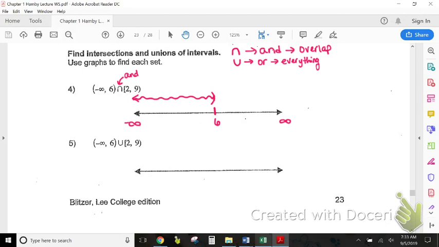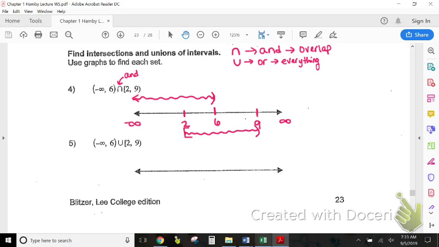We're good with that? It's just like above, right? All I did was that first one. And then for the second one, it says from 2 to 9. So here's my 2. Here's my 9. And it says I would shade from 2 to 9. 9 has a parenthesis. 2 has a bracket.